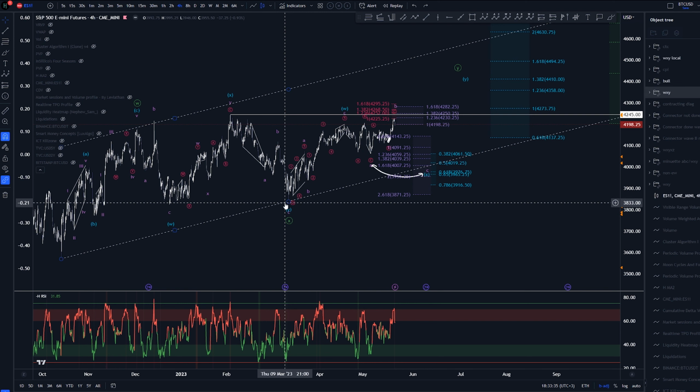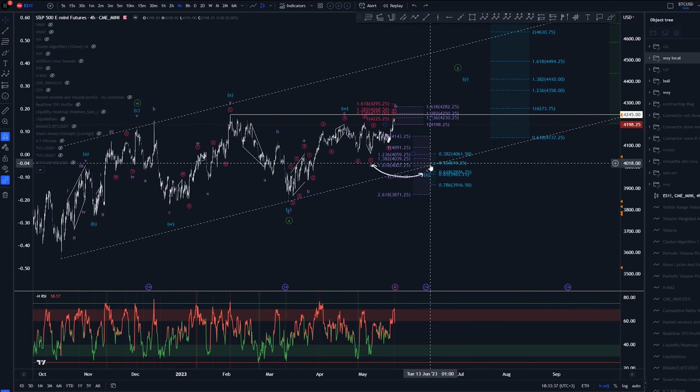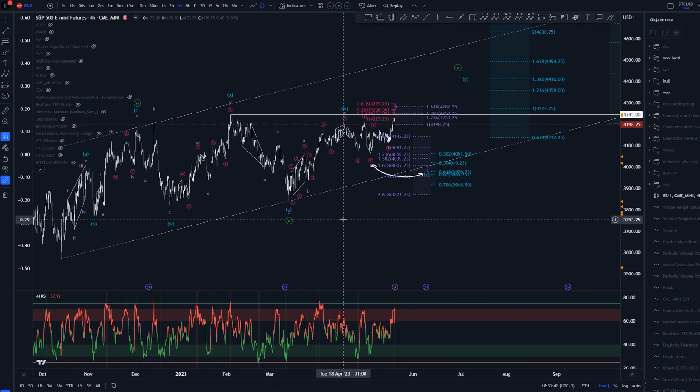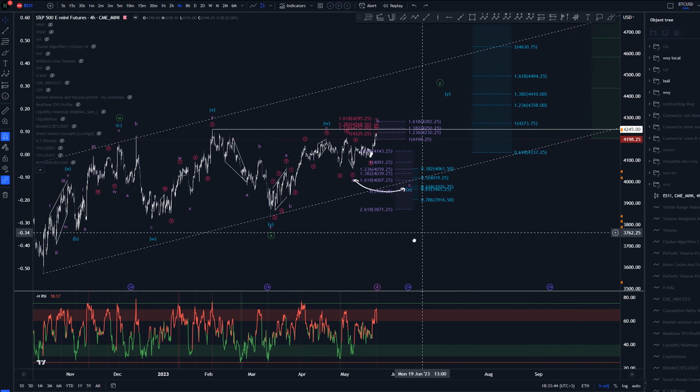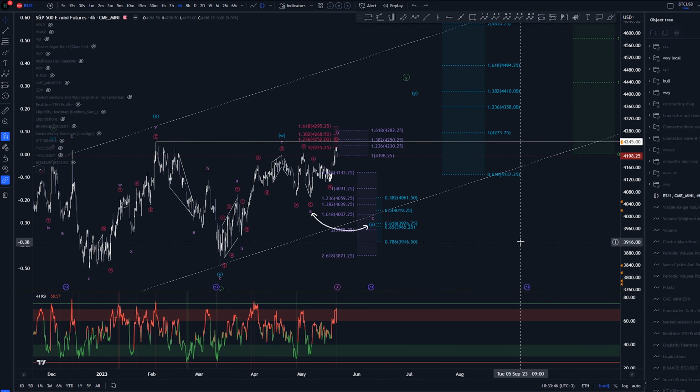That is definitely an interesting area to look for some kind of reaction, a move up, and on the retracement we could be looking for long setups.